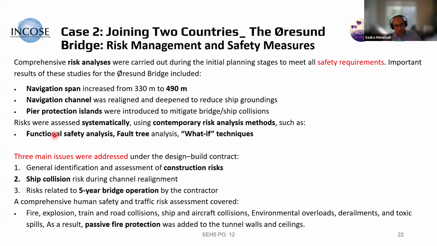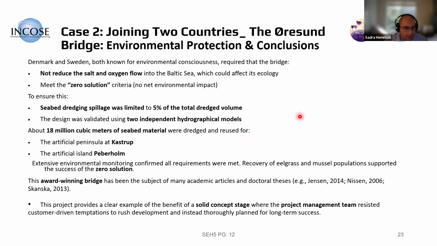And the handbook says they used functional safety analysis and fault tree and what-if techniques. And also, a large infrastructure project like this definitely has a significant environmental addendum. So they did that.